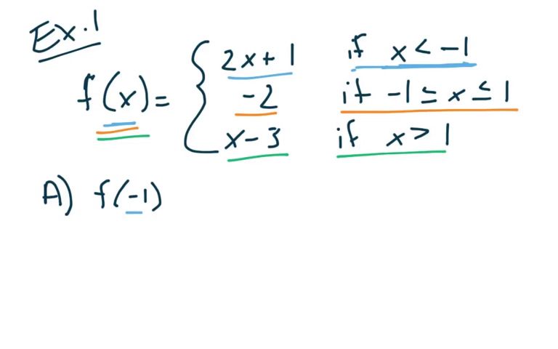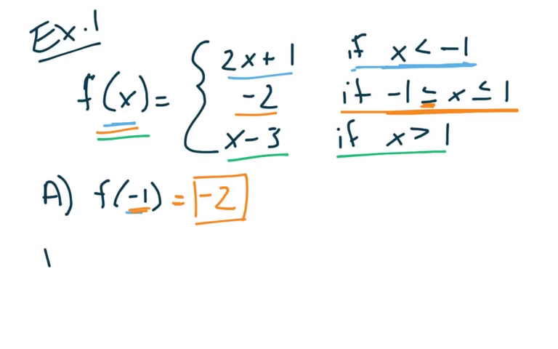So I look at the next one and it says, I do this if x is greater than or equal to negative 1, and it is. So that means I'm going to use the middle piece. This middle piece doesn't have an x in it, so it's just negative 2.